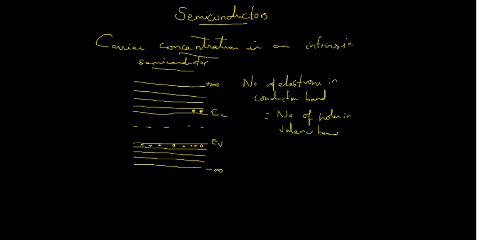If two electrons are there, two holes will be present here, and if it is 4, then 4 holes here, so both are equal. Right, so this is the energy band diagram for an intrinsic semiconductor.